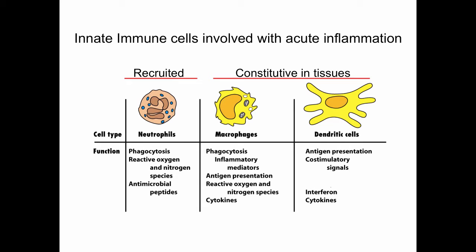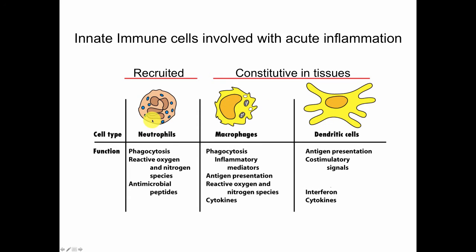Okay. And so what I'm going to talk about are really three main innate immune cells that are very closely associated with acute inflammation: neutrophils, macrophages, and dendritic cells. Macrophages and dendritic cells are constitutively present in tissues and express pattern recognition receptors, and you can think of them as sentinel cells that allow us to recognize when there may be damage to our barrier tissue and microbial infection or damage to that barrier tissue.